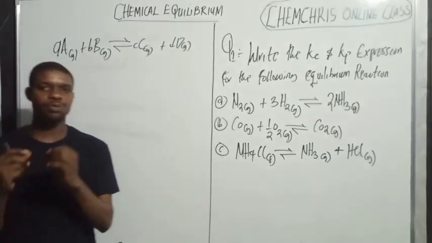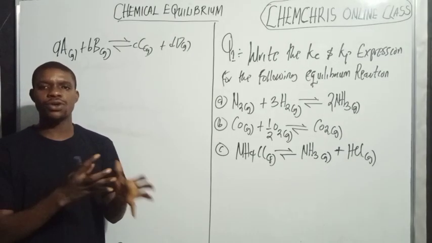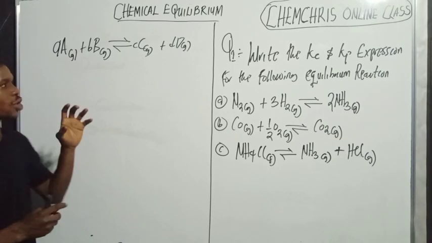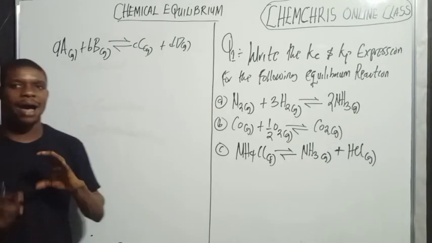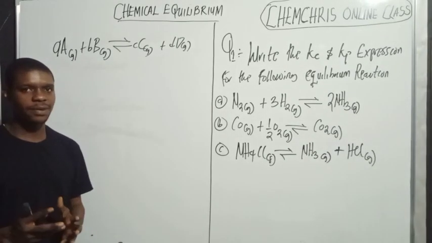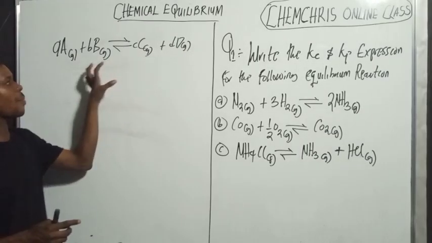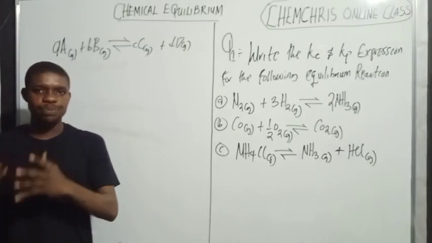Now what I want you to keep in mind is that when writing an equilibrium constant expression, the concentration or the pressure of the gases is made use of. You understand? Because they are all gases, we can make use of them.